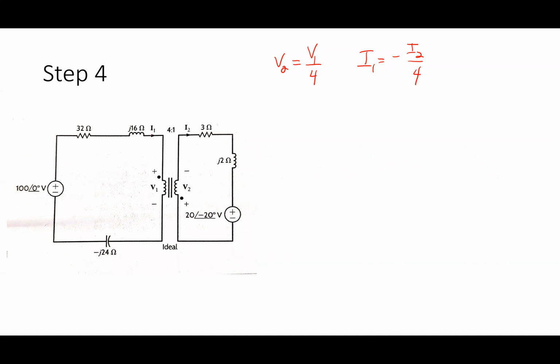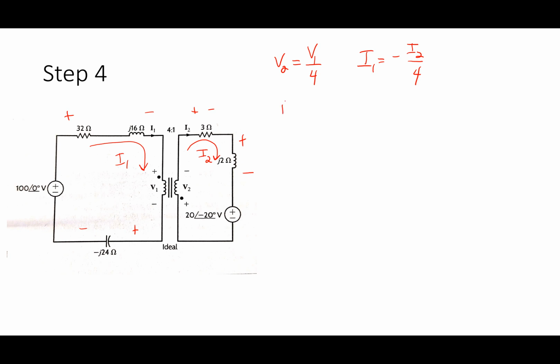Well, I1 and I2 define my mesh currents. So here's I1, here's I2, like that. When I do mesh, the very first thing I do is mark out the polarities of everything, like that. And then over here, I'm going to do like this. All right, so let's do my KVL.